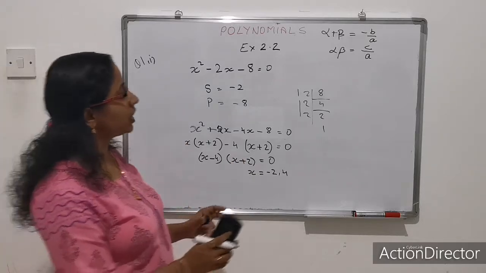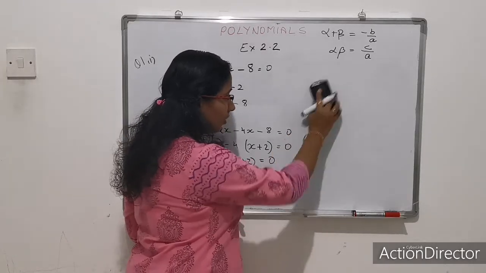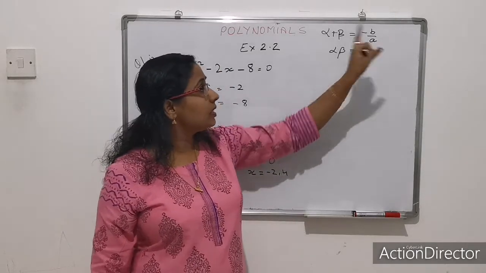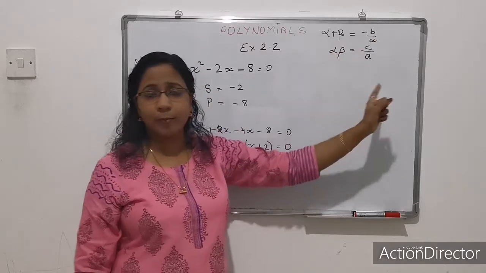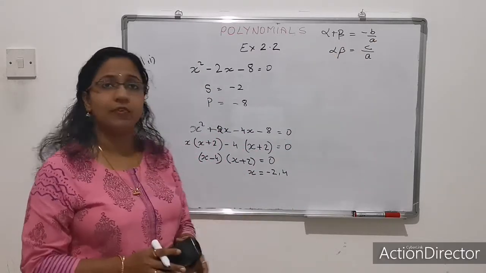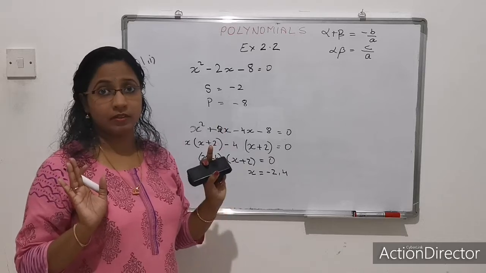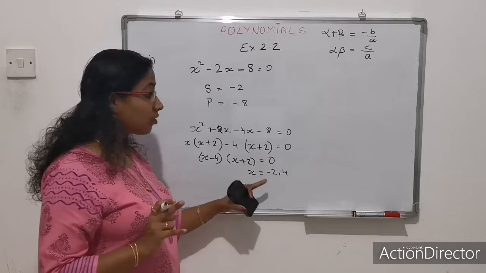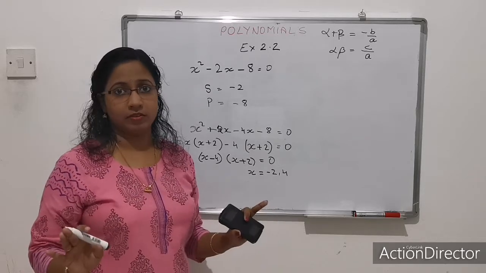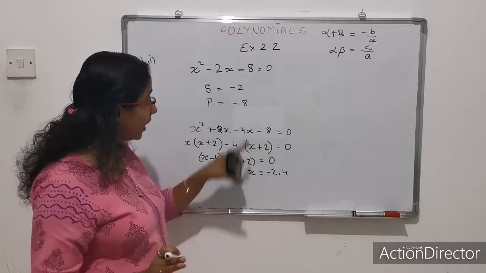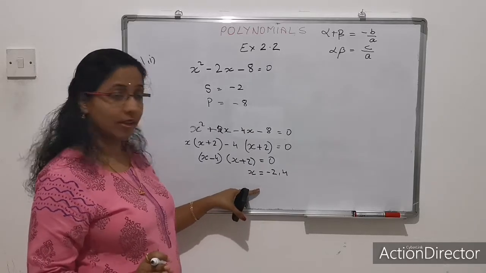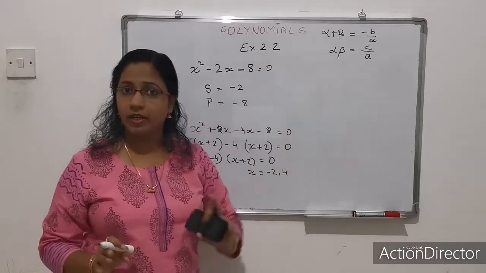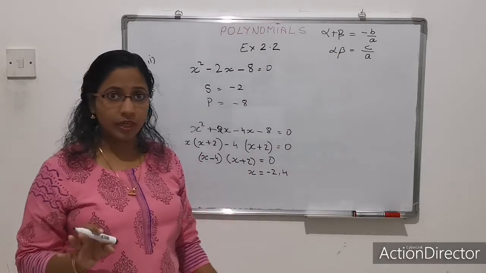Now we have to check whether this condition applies or not for this alpha and beta. It should apply. Please keep in mind, it should apply. If it is not applying, it means your answer is wrong. If you are getting a quadratic equation where you are getting roots, then the roots should be this only. That is a must.